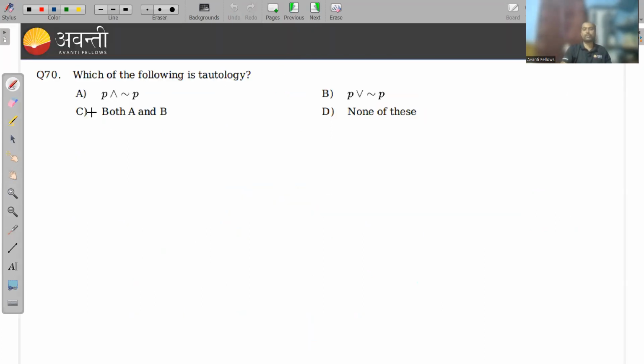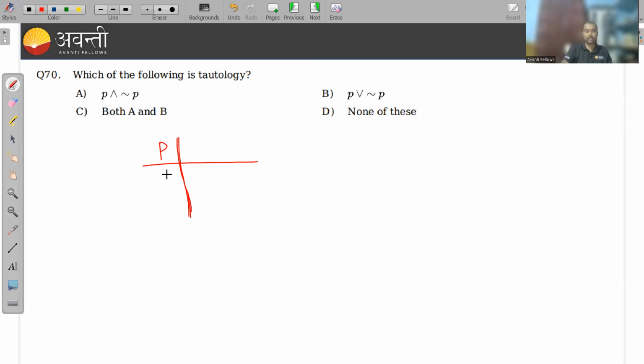Okay, let's move to the next question. Here in this question, which of the following is a tautology? Acha. If you draw the truth table, it's a very easy question. All of you must have attended this question. If I take the statement P, how many truth values are possible for this statement?